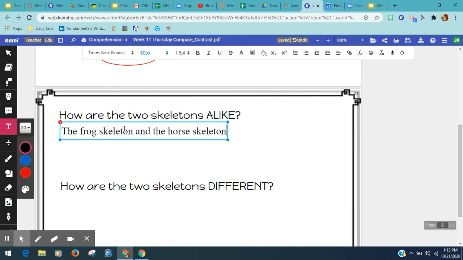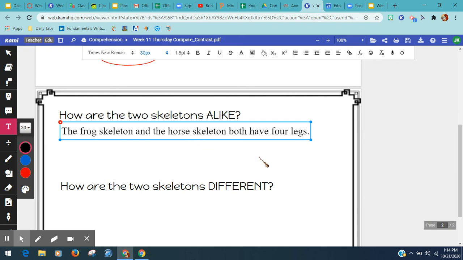The frog skeleton, the horse skeleton, these are not sentences. So I'm just gluing these phrases together. This is not a compound sentence. This is a simple sentence. The frog skeleton and the horse skeleton both have four legs, period.